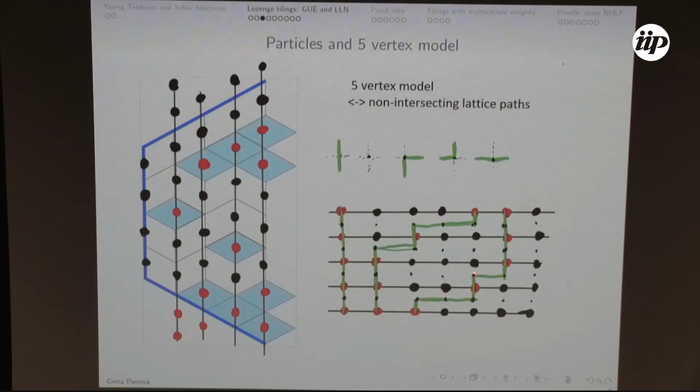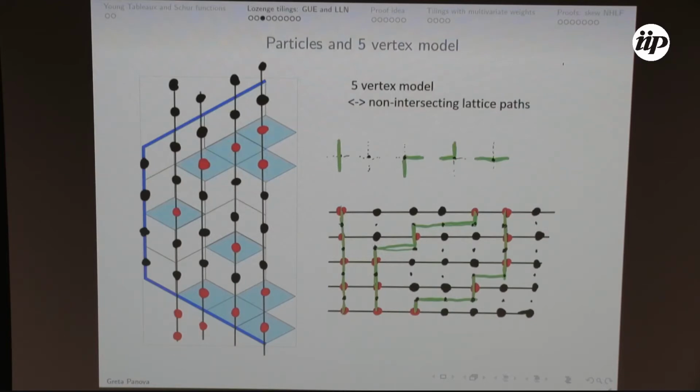The 5 vertices in the 5-vertex model would correspond to the 5 ways that a lattice path can move through one of these boxes here. Because you don't allow intersection, you're missing the cross. To get the 6-vertex model, only 5 vertices are allowed here.